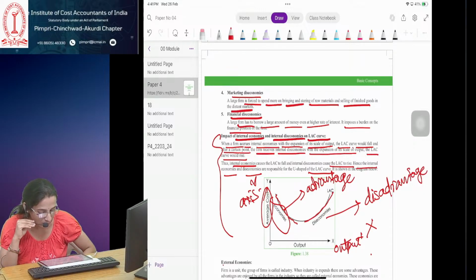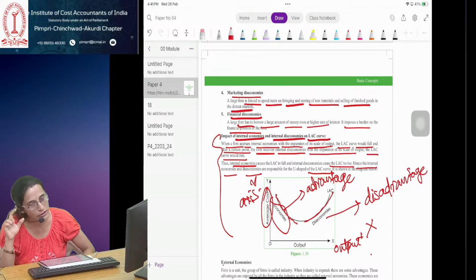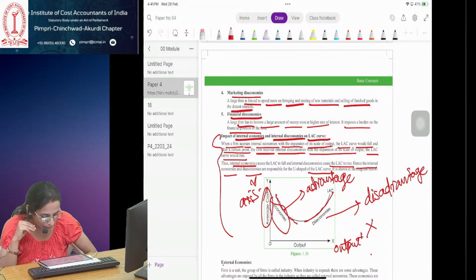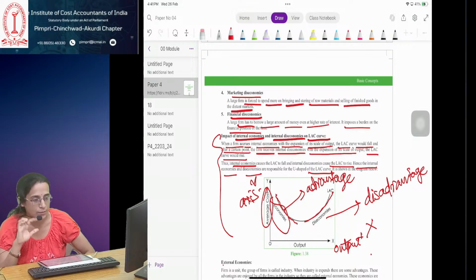Thus internal economies cause the curve to fall because the cost decreases. For example, we take raw material on a large scale and get some discounts on it, so the cost of the raw material decreased. Internal diseconomies cause the curve to rise. Hence internal economies and diseconomies are responsible for the U-shaped long-term average cost curve. This is shown in the diagram. Clear?